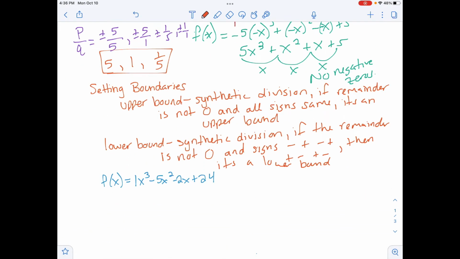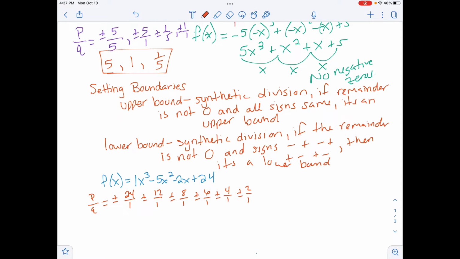So here's our example. Now, if we have this problem, I'm going to break it down a little bit. Okay, so P over Q, we would have factors of 24. So we have plus or minus 24 over 1, plus or minus 12 over 1, plus or minus 8 over 1, plus or minus 6 over 1, plus or minus 4 over 1, plus or minus 2 over 1.